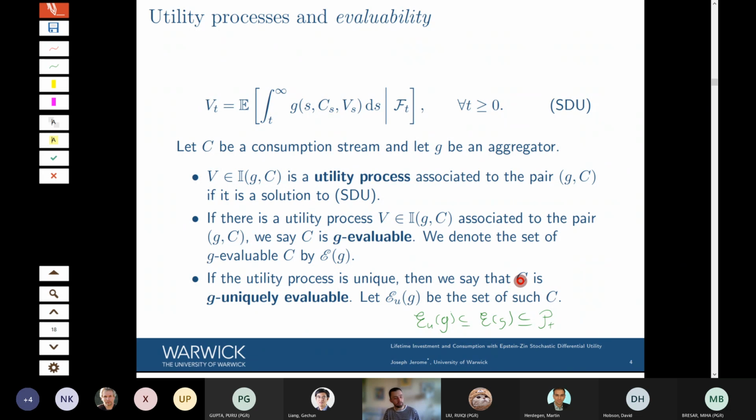This is something that crops up, and it basically means we have multiple utility processes assigned to a consumption stream, which then means we have to ask which is actually the correct utility process in this setting. Another thing that can happen is that the evaluable strategies are a strict subset of the non-negative progressive processes. And this basically means we're going to have to restrict the class of consumption streams that we actually consider.